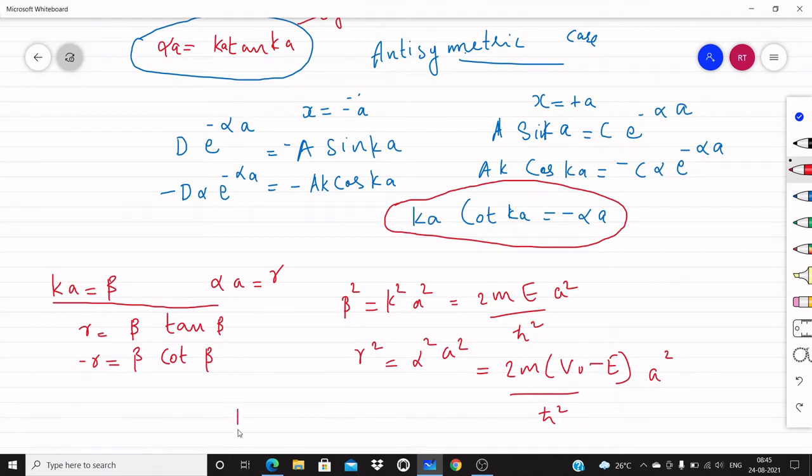So adding these two, beta square plus gamma square is equal to, in both you have 2m E a square by h cut square. The term with E is minus 2m E a square by h cut square plus 2m V0 a square by h cut square.